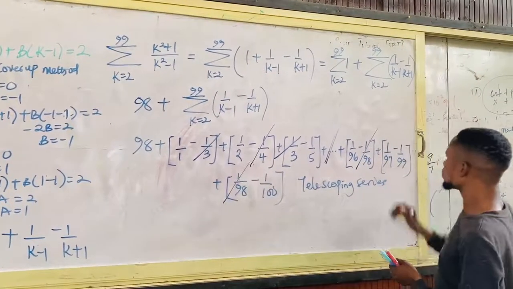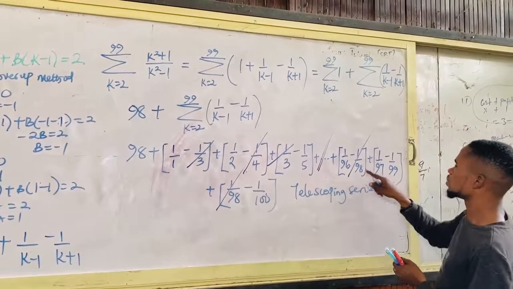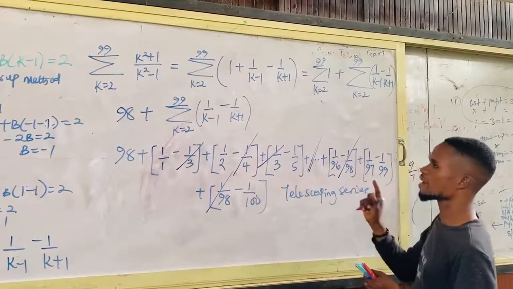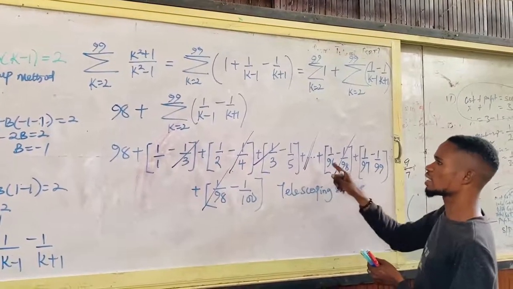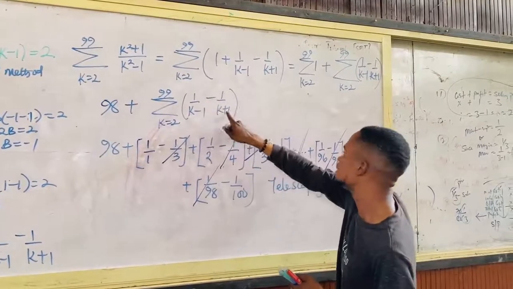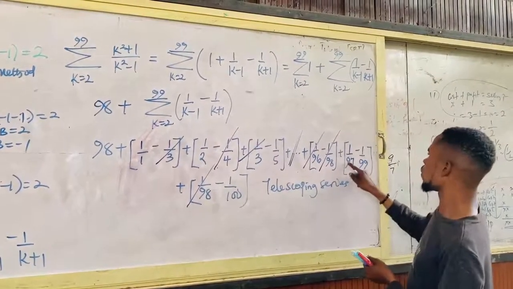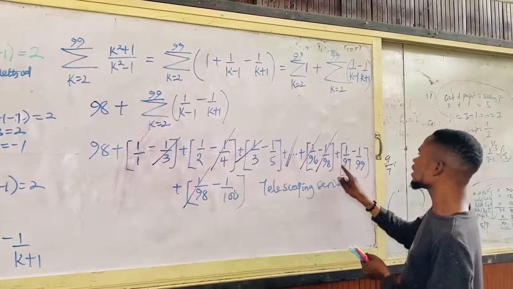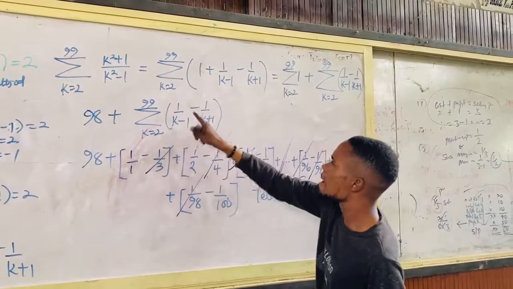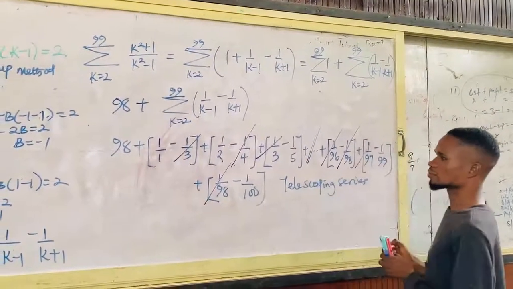This is 1 over 97, and this is 1 over 96. Also if I take k as 95, that becomes 1 over 94 minus 1 over 96. That cancels out. If I take k as 96, that would be 1 over 95 minus 1 over 97. That cancels out.